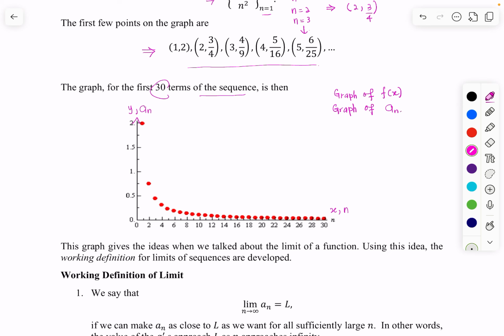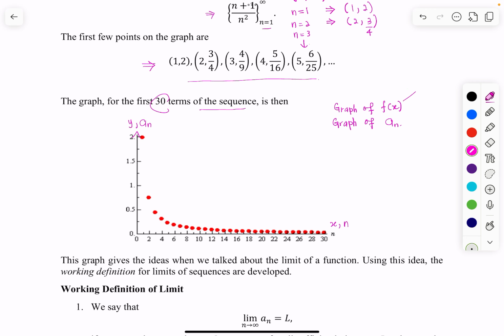The difference between these two is that if you graph a function, x can be any value, any real number. x can be 1, x can be 1.1, x can be 1.2, and so on, even 1.22. It is everything that is a real number.